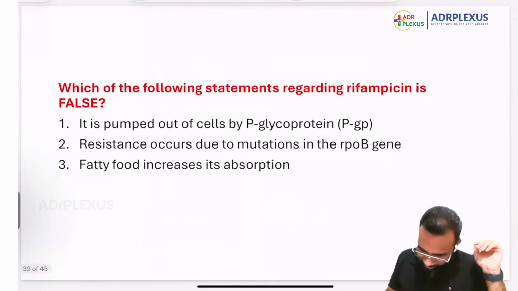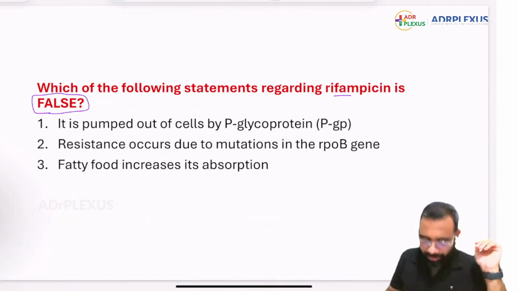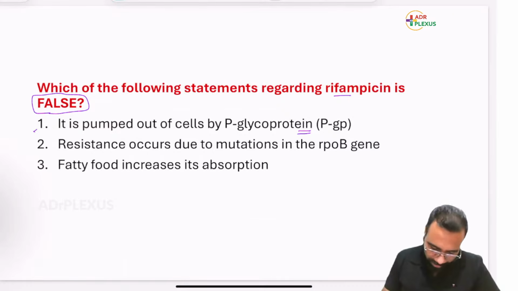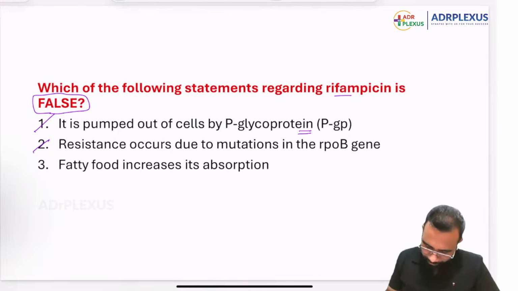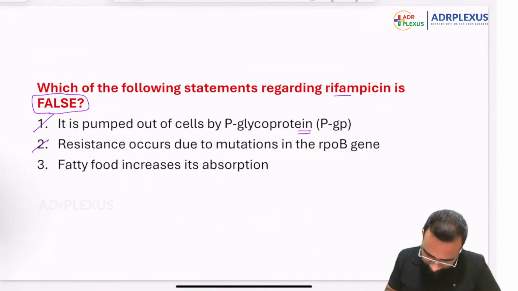Next one, which of the following statements regarding rifampicin is false? Yes, they ask for the false statement. Next, it is pumped out by PGP. Yes, I told you it is a PGP inducer. Yes, it is pumped out by PGP, that is CNS PGP. Resistance due to RPO. Yes, that's true. So even if you don't know the other part, this is the false statement.